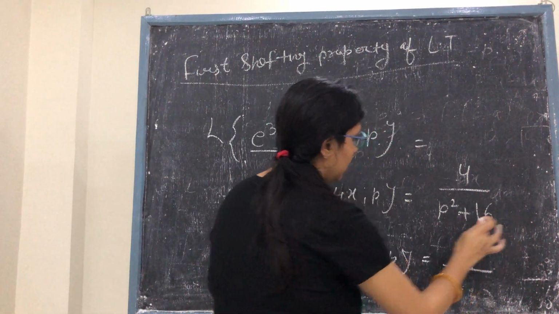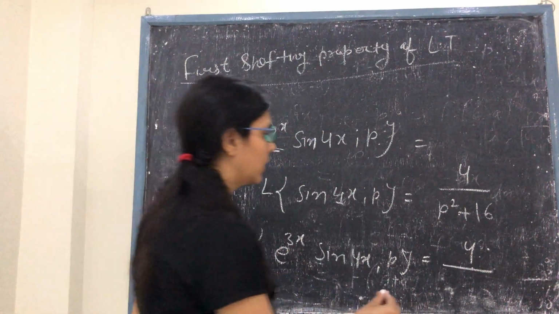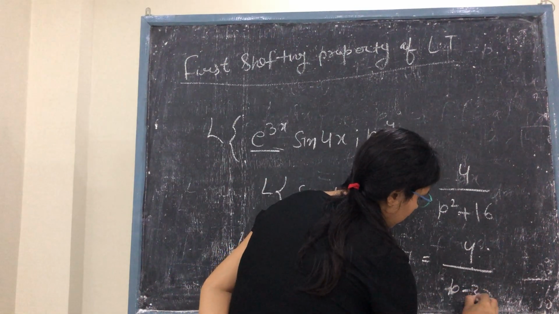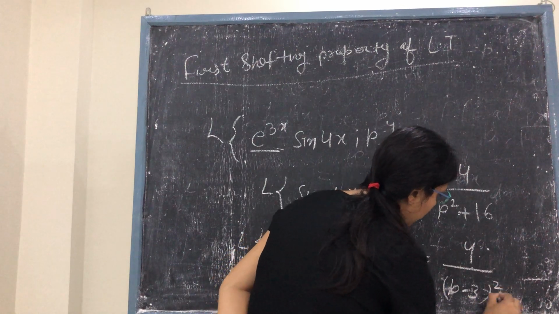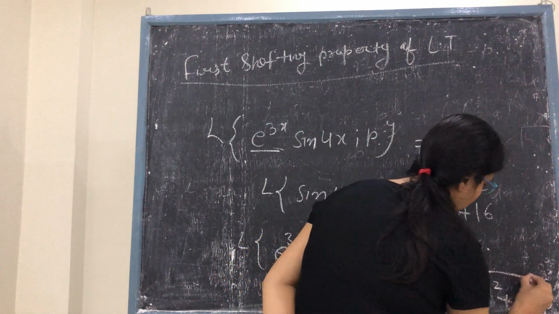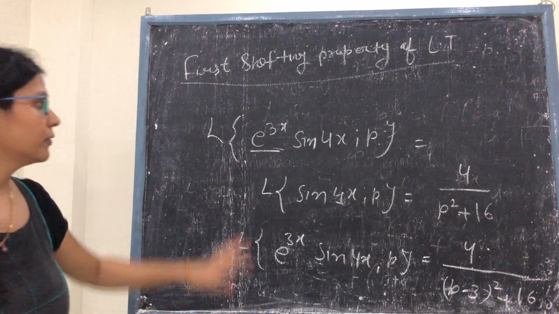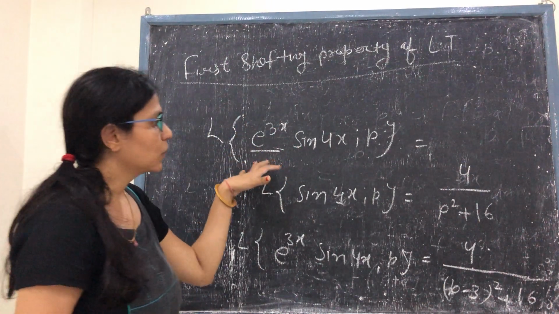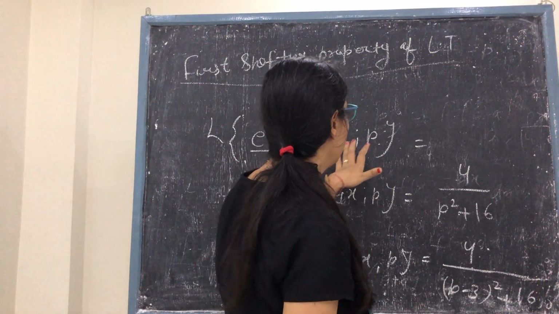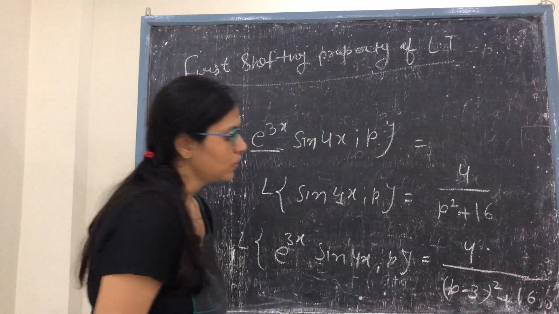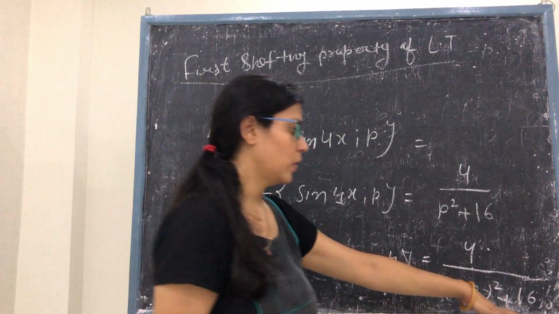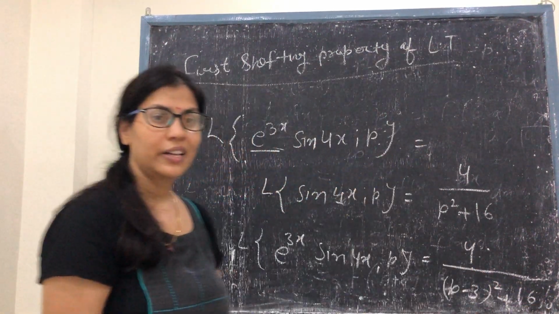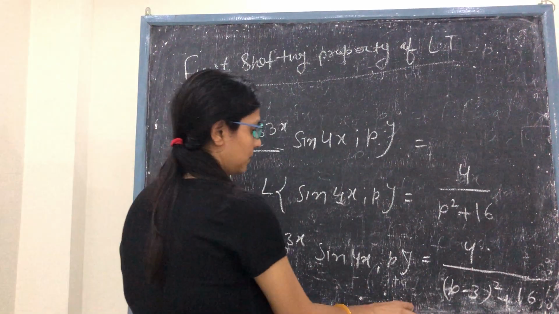Here f of p is this, and a is 3. So it will be 4 over p minus 3 square plus 16. So using the first shifting property, we have proved that the Laplace transformation of e to the power 3x sine 4x is 4 over p minus 3 square plus 16. It is very easy and I think it is clear.